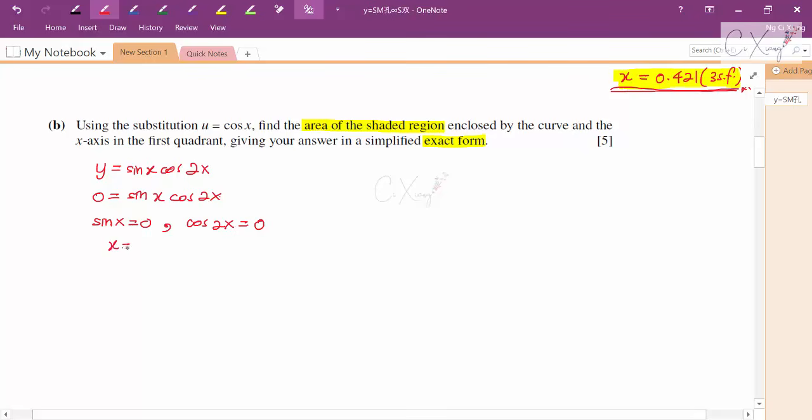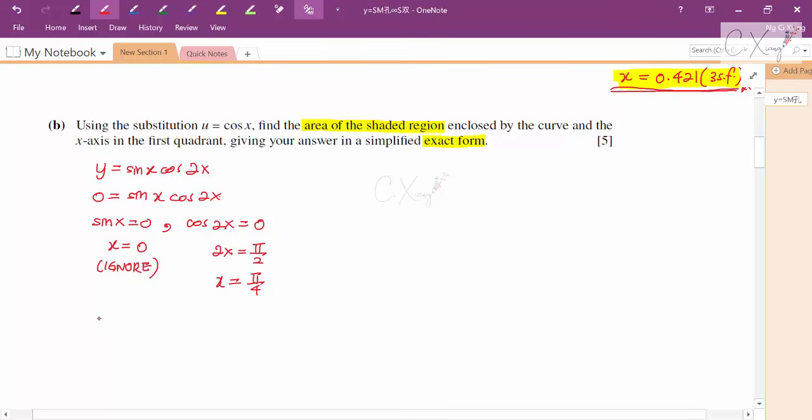For this part, I will have x equals 0 and maybe pi, which I should ignore, as I know from the diagram that the value of x for the x-intercept that I want to find out is not equal to 0. So that means the answer should be in this equation. So I try to solve for 2x. So cos inverse 0, I will have pi over 2. And therefore for x here, I will have pi over 4. So this is the x-intercept that I want to find out, to become the limit of the integration later.